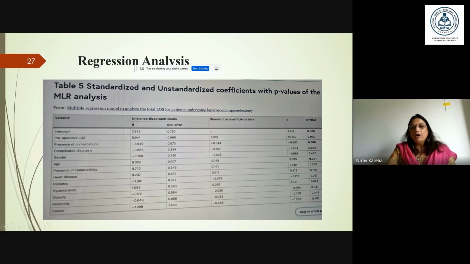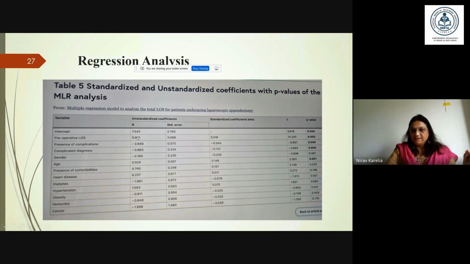Suppose I consider presence of complication as one independent variable. If I put its value in the equation, what change occurs in hospital stay?